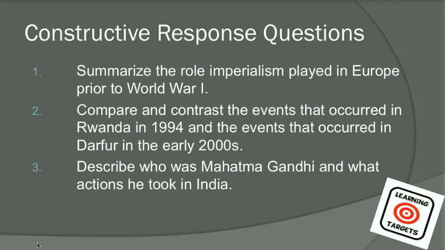The last question says, describe who was Mahatma Gandhi and what actions he took in India. Obviously, we want to know a little bit about him, more so his beliefs in civil disobedience. Gandhi definitely wanted to remove the British presence from India. He did not believe in doing so violently.